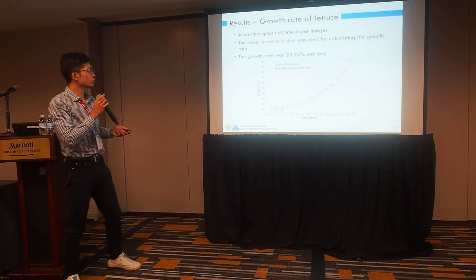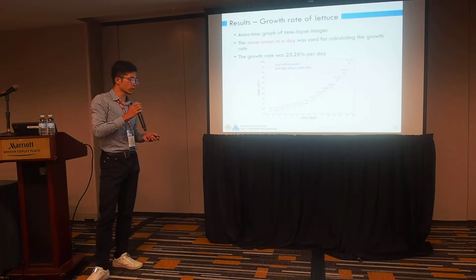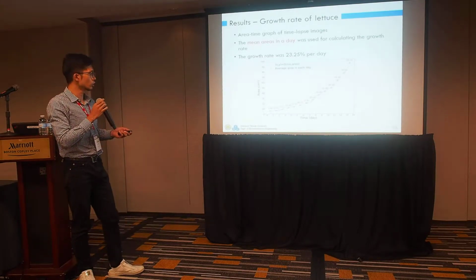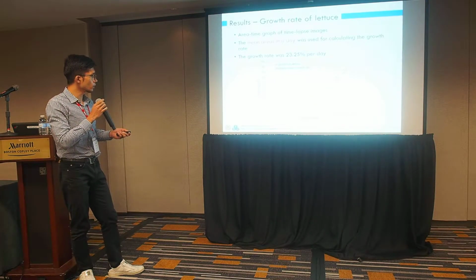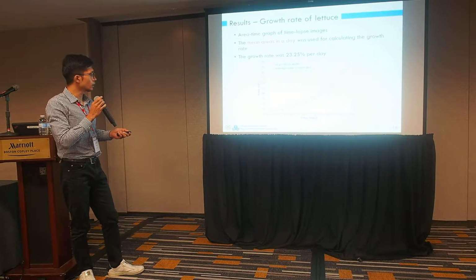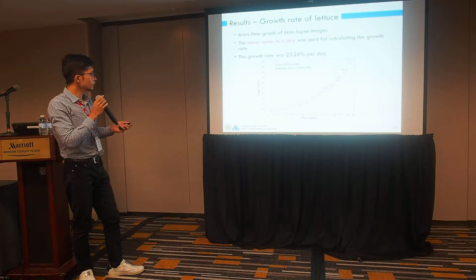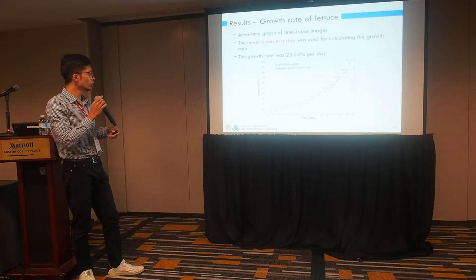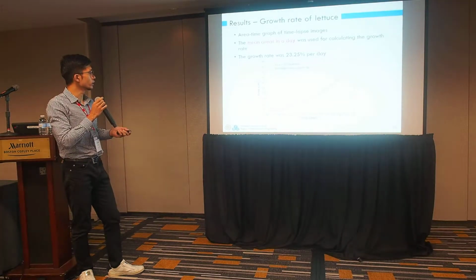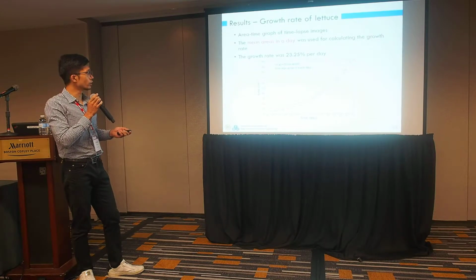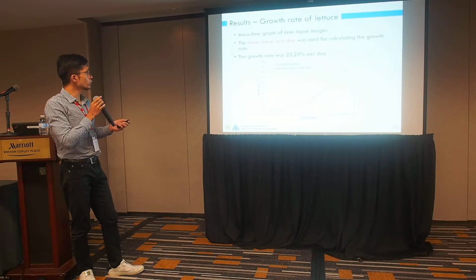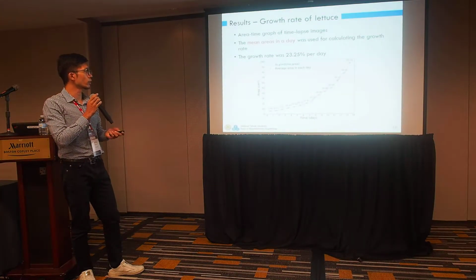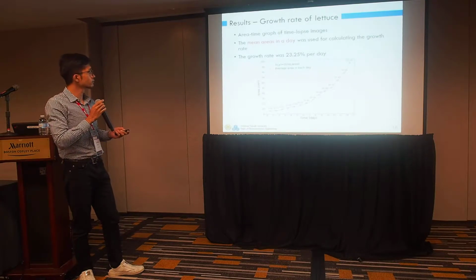Because the images were recorded from 6 a.m. to 6 p.m., there are lots of points in a day. So in order to do a more accurate calculation, I computed the mean area in a day, as you can see with the red point here. Finally, I got an average growth rate of 23.25 per day for the lettuce.